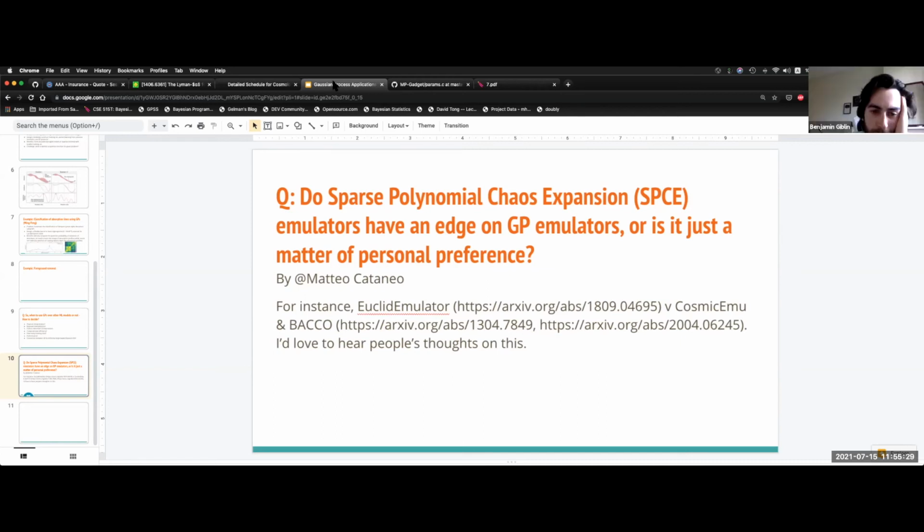And I think I know why Matteo is asking this question, because he and I worked together on the result from that 2019 paper I showed before. One of the things we were testing at that time was, could we achieve the same accuracy as the Euclid emulator using Gaussian processes? So we repeated their kind of analysis with the same number of simulations.